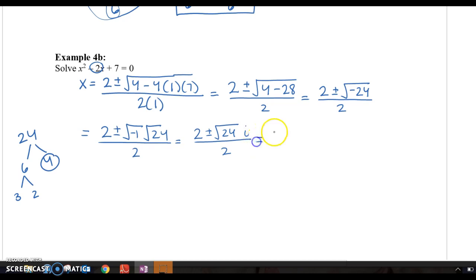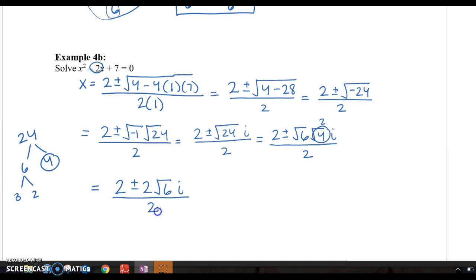So I'm going to split this into 2 plus or minus the square root of 6, because we can't take any perfect squares out, times the square root of 4, i, over 2. We're almost there. The square root of 4 is 2, so we have 2 plus or minus 2 root 6 i over 2. Really close.